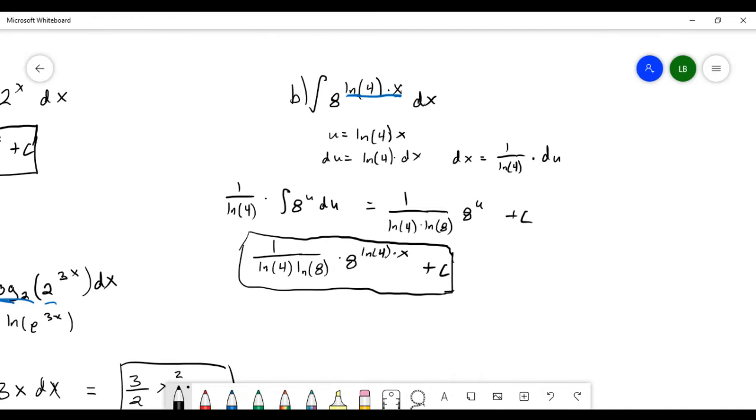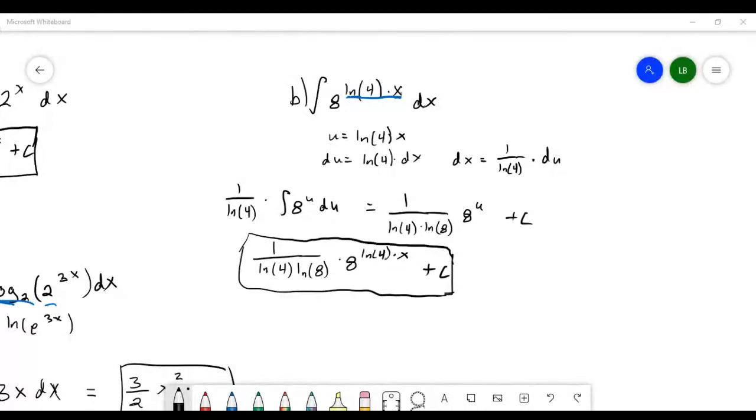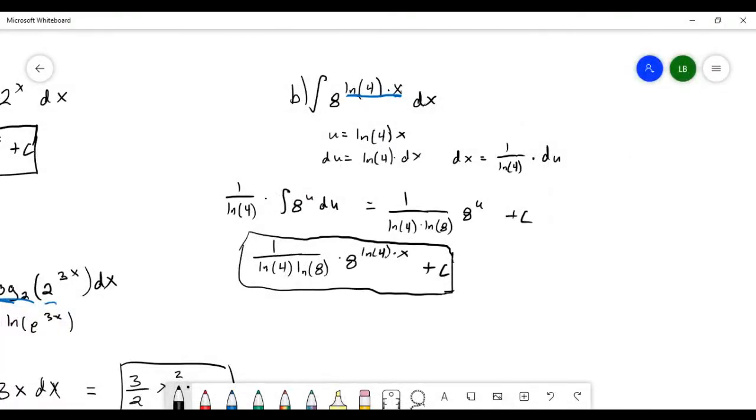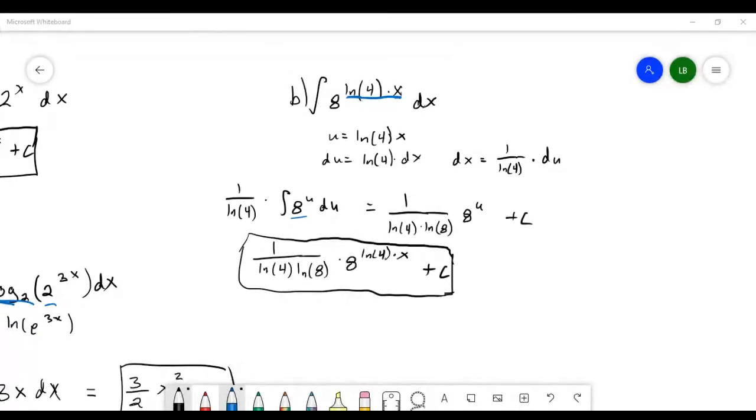So our derivative of u is just the natural log of 4 times dx. We only have a dx, so I isolated dx. Yeah, natural log of 4 is just a constant, so that's why we treat it just like 1. We can pull it out of our integral, and then it just gets multiplied by 1 over the natural log of 8 later on that we get from integrating our 8. Alright, but does all of that make sense?